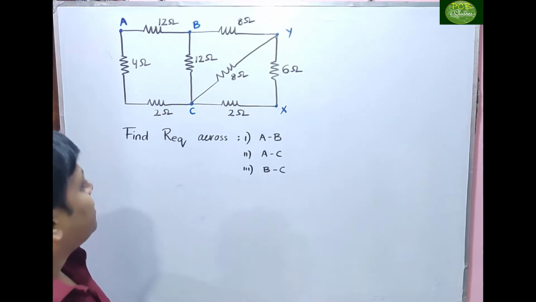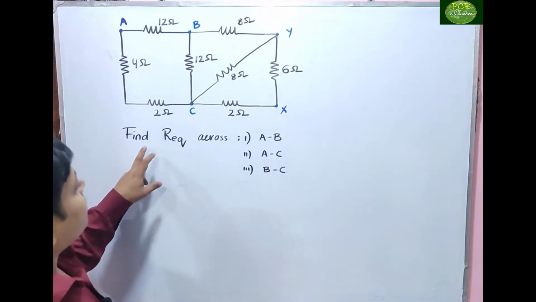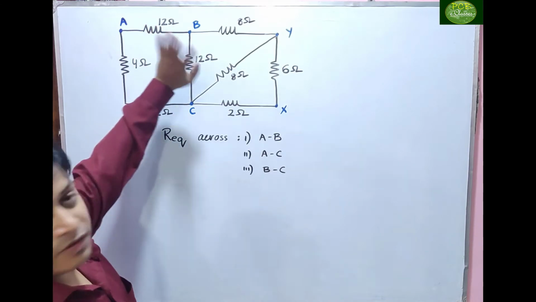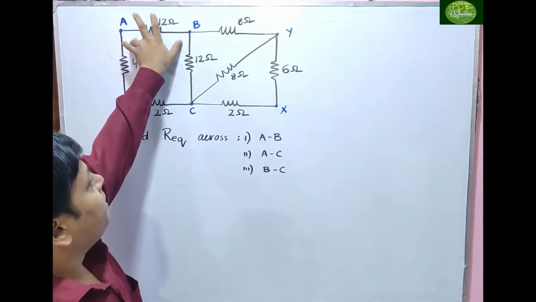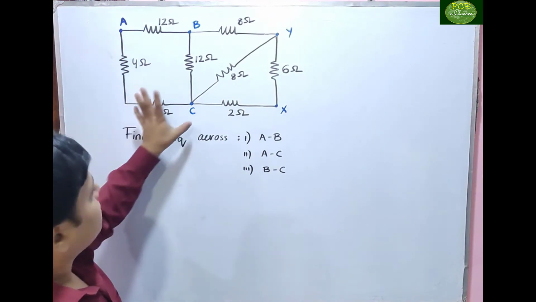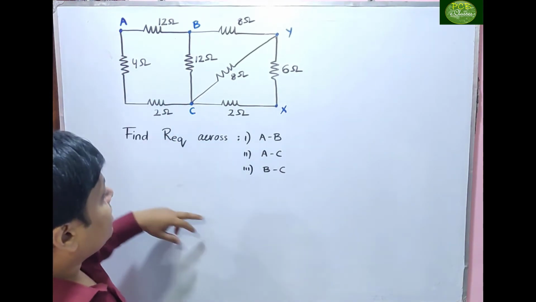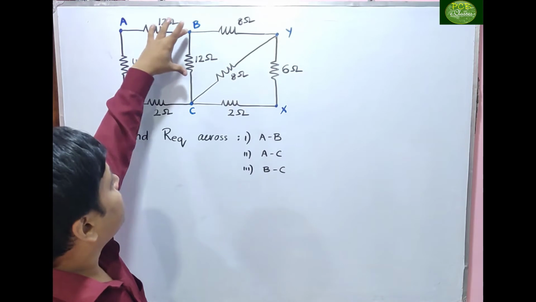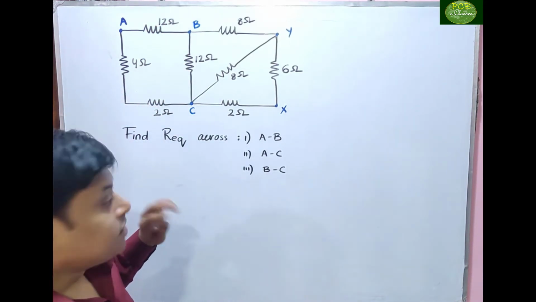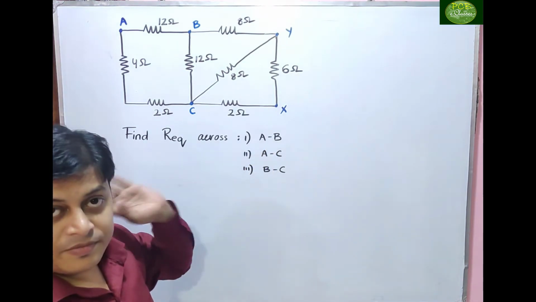So in this circuit you have to find out the R equivalent across the AB terminal. That is the first part of the question. Another is across the AC terminal, and another is the BC terminal. So let's solve the first part, that is across AB.